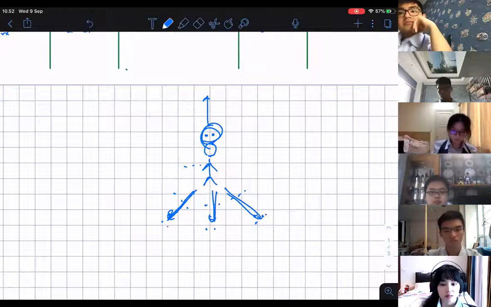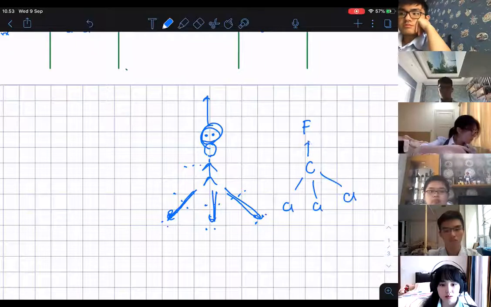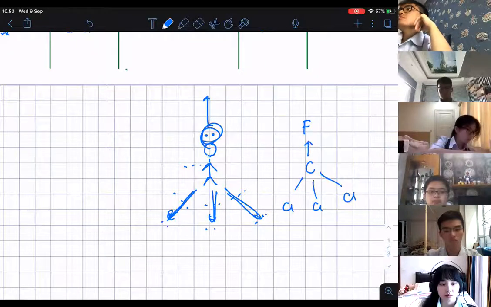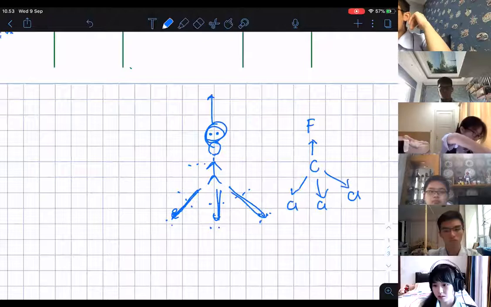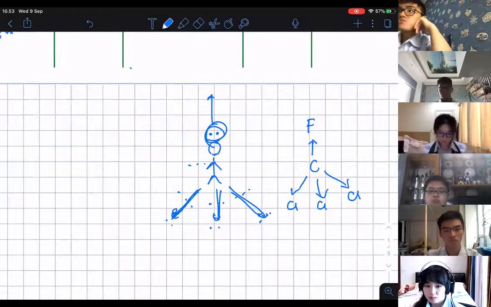Just imagine if you have carbon and then fluorine over here, Cl, Cl, Cl. Each is going to pull the electron with different strength, so of course the electrons are not going to be equally distributed.